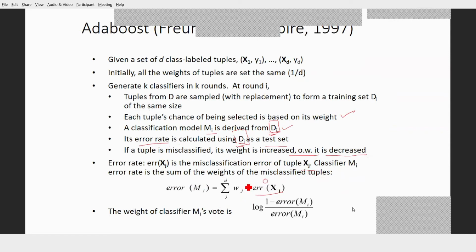So you keep adding to the previous weight, wj into 0 and wj into 1. That's how you get the error.